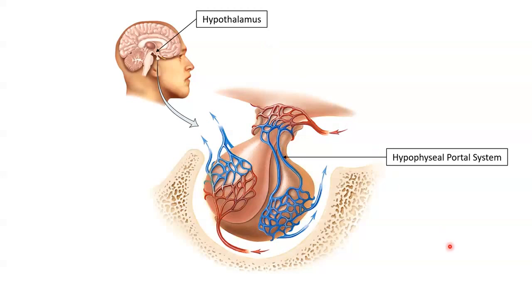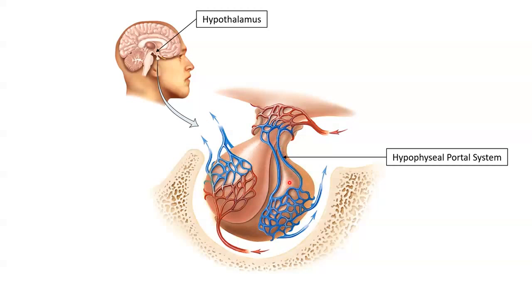Now, when we look at the anterior pituitary gland, this is our anterior pituitary gland here, it's actually connected to the hypothalamus by this portal system here. What I mean by a portal system is just this collection of capillaries.